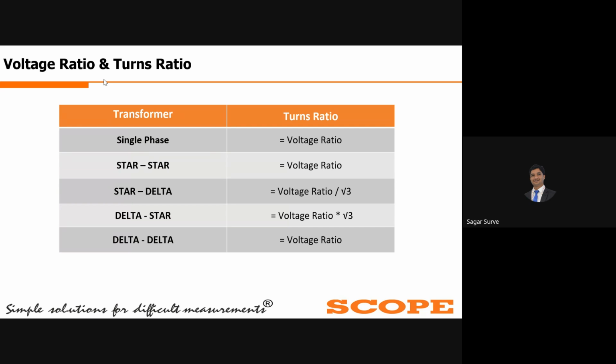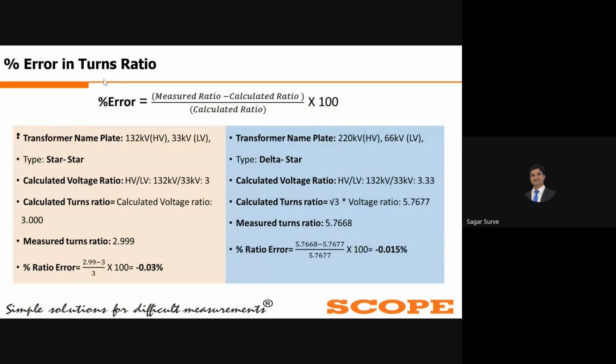But if the HV is in star and LV is in delta, then turns ratio is equal to voltage ratio divided by root 3. And if it is opposite, that is LV is star and HV is delta, then turns ratio is equal to voltage ratio into root 3. All these calculations are done by the instrument itself, and the instrument will give you the final results.